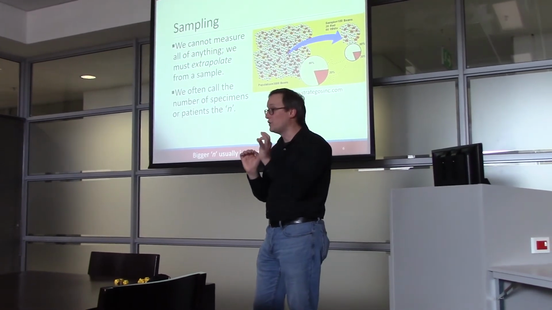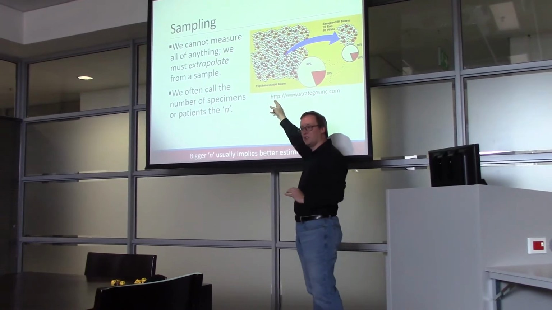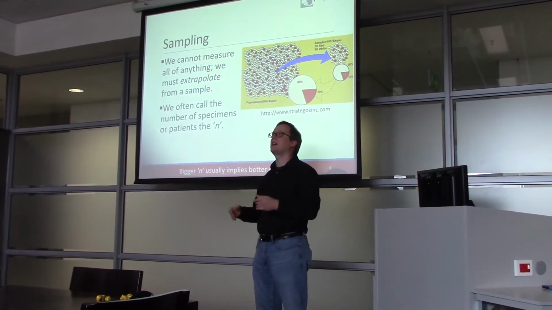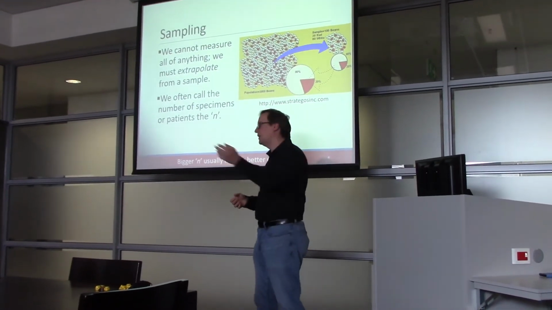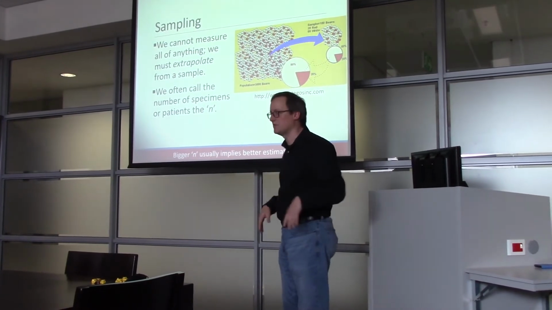Now I had a whole bunch of loaded words in that. So think about this. We have a population. This might be household contacts of TB patients in a particular neighborhood of Cape Town, for example. We do a lot of TB research.